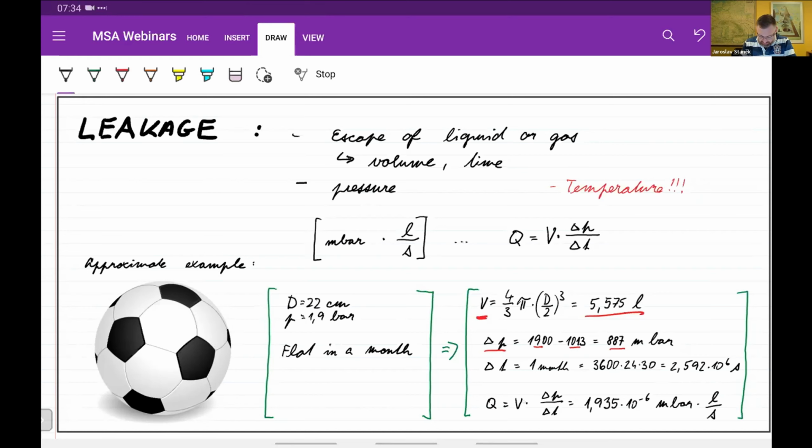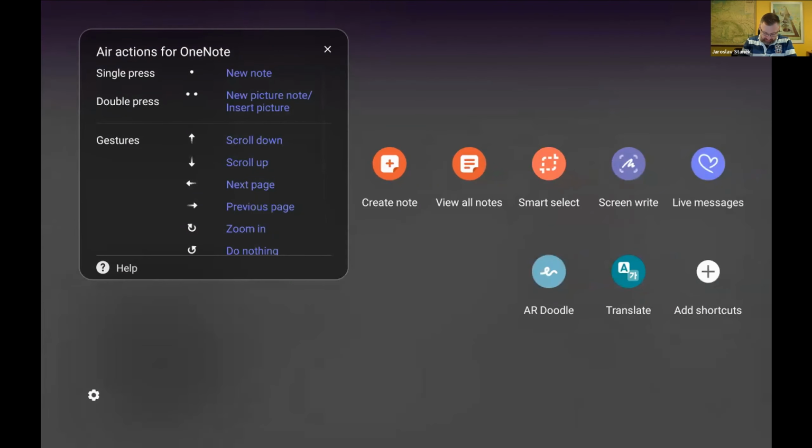So if we put that all together, in this expression, which is an expression for leakage, we'll get that the ball had to have about 1.9 times 10 to minus 6, and now the units, millibars times liters per second.